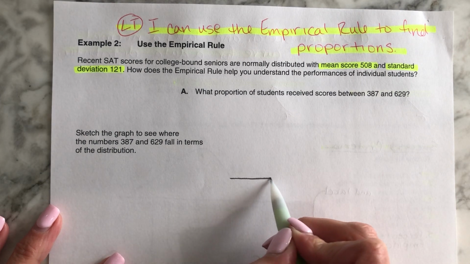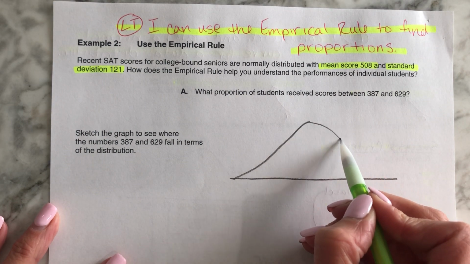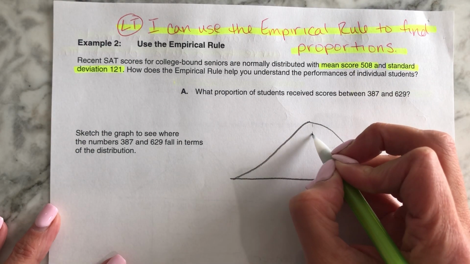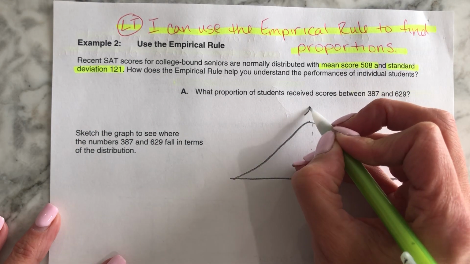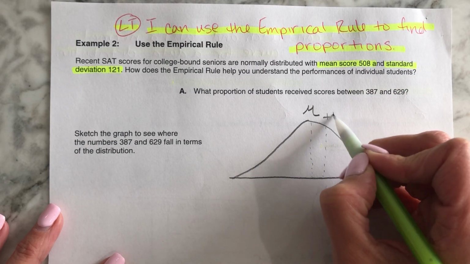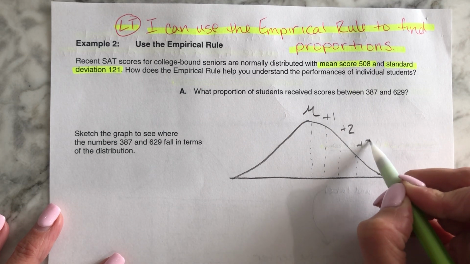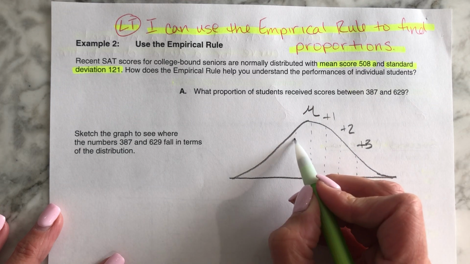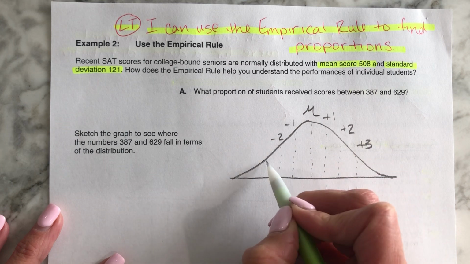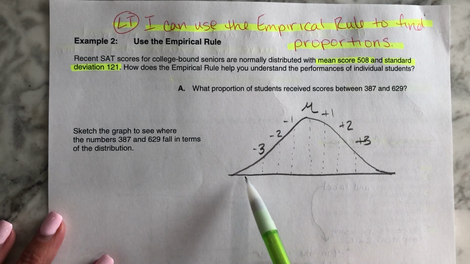So draw your x-axis, sketch that normal curve as symmetrical as you can. Okay, put your mean in the center, and then we're going to go 3 standard deviations each direction, adding to the right and then subtracting to the left. Then we need to label our x-axis.